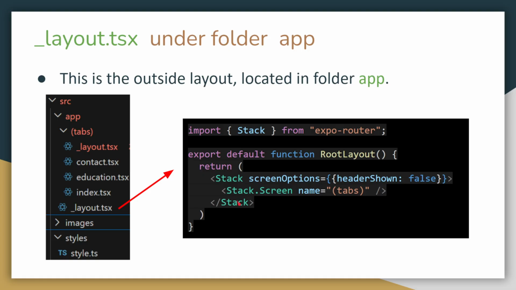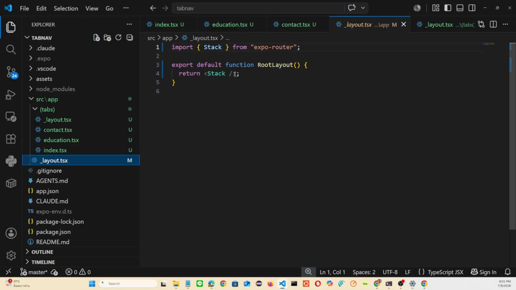I'm going to put a parenthesis, and then I'm going to use this open stack and then closing my stack. Okay, let's see what happens if we just put only one layout, the root layout.